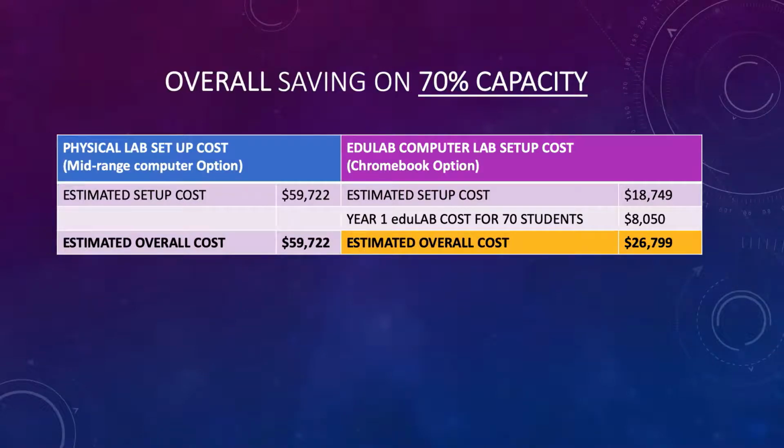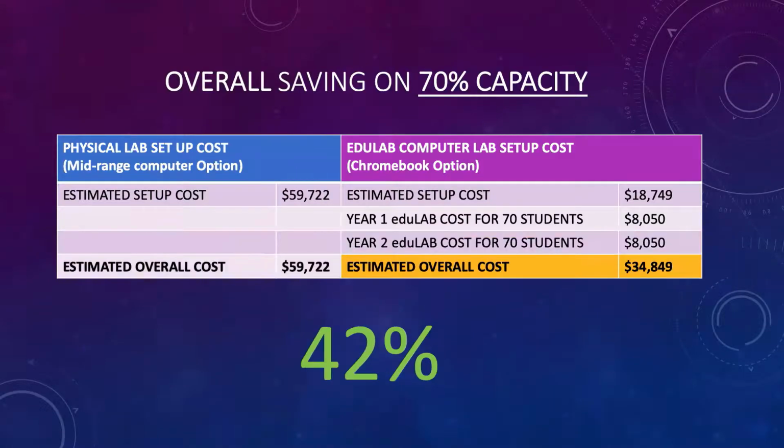Although the capacity of the lab is 100 students, no labs are fully 100% always full, so I'm just using 70% capacity here. In a 70% capacity situation, we're looking at about $8,050 for subscription. Then the first year's estimated overall cost comes to be $26,799. And that comes down to 55% savings still.